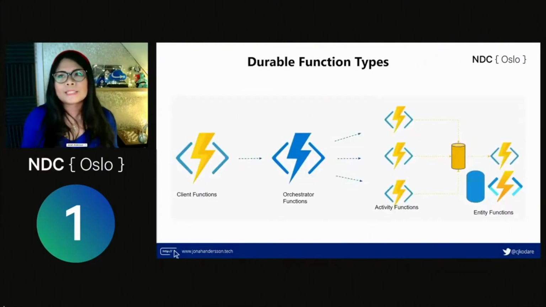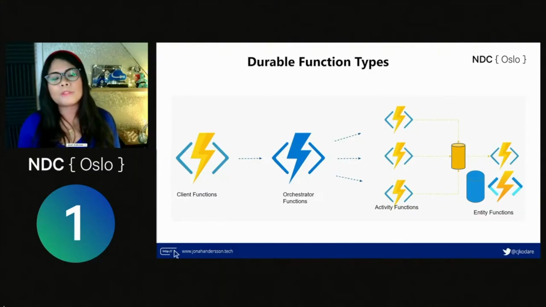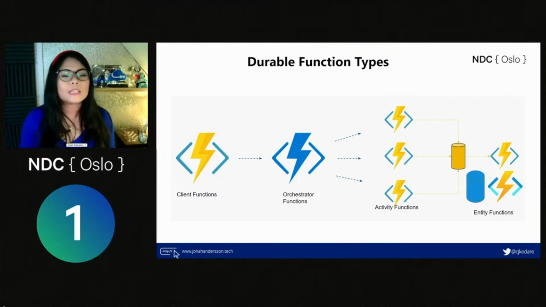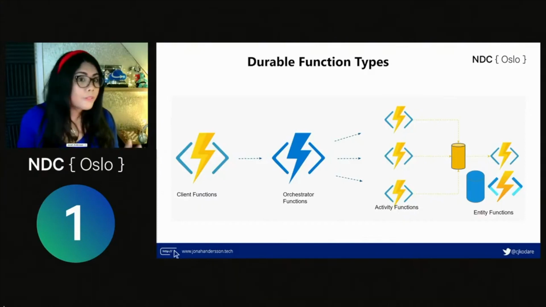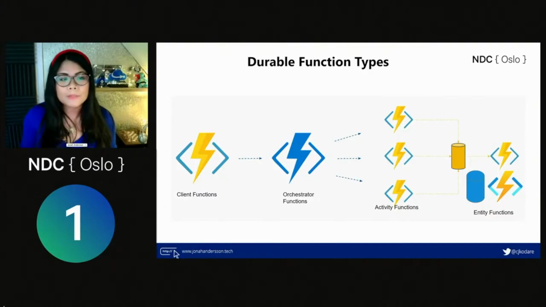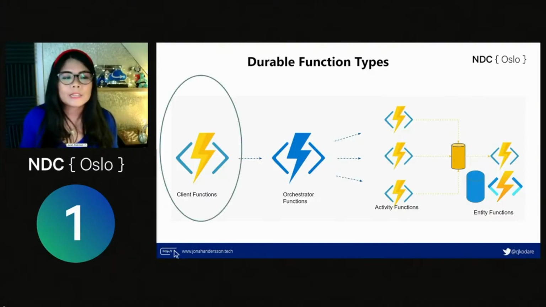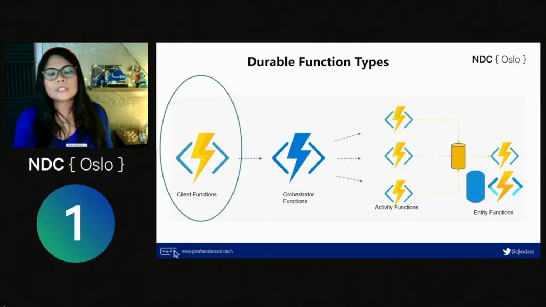Before you can get started developing workflows with Durable Functions, it is important to know the different types of the technology. There are four Durable Functions types. First is the client functions. Client functions are triggered by the orchestration client binding, and this is the starting point of your workflow.